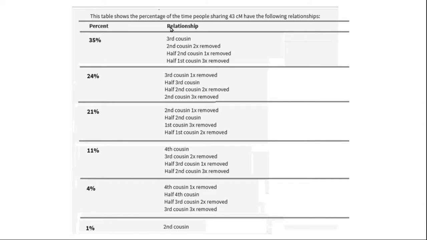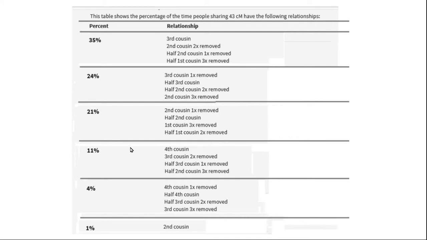Statistically, these are all going to be the same group. 24% are third cousins once removed. 21% are second cousins once removed. 11% of this fourth to sixth cousin group are going to be actual fourth cousins and their equivalent.